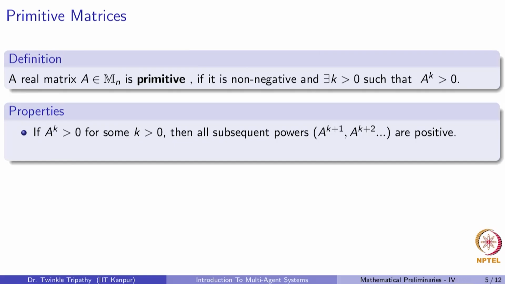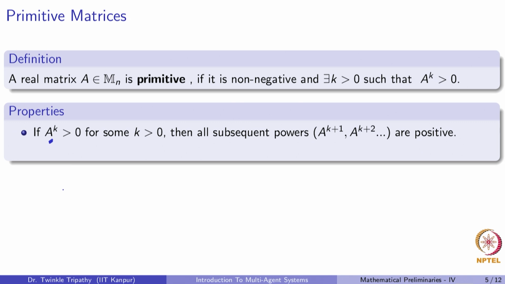Let us see some more properties of it. Note that if we have found some natural number k for which A raised to the power k is greater than 0, then of course all subsequent powers of the matrix become positive.